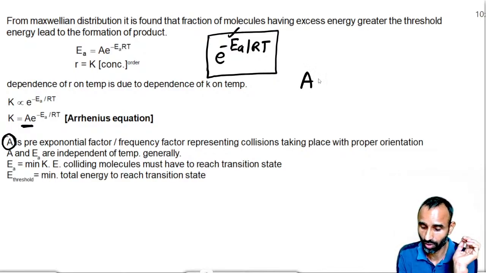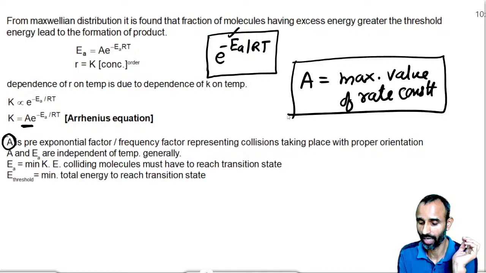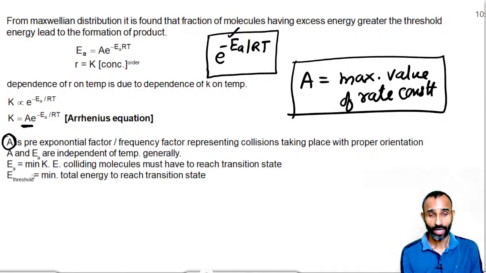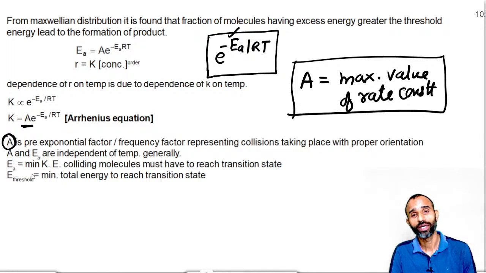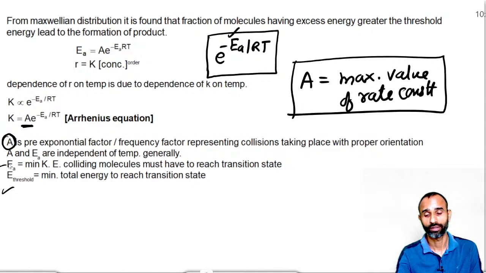A is also called the maximum value of the rate constant. A and Ea are generally independent of temperature, and this is the activation energy and threshold energy that I took.